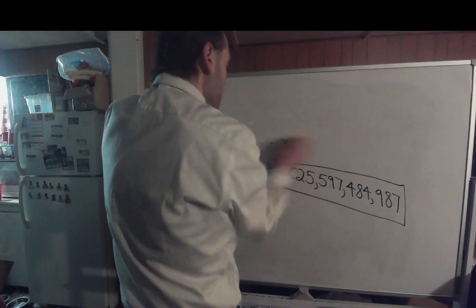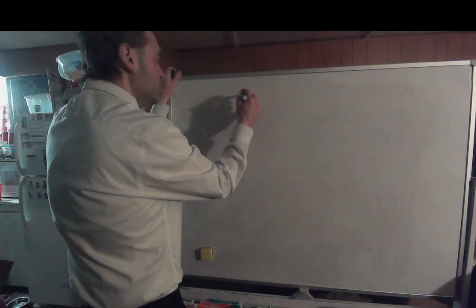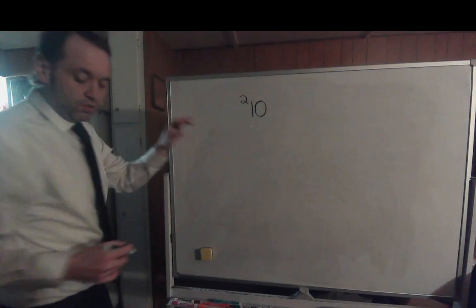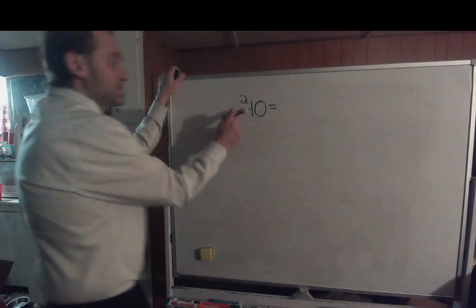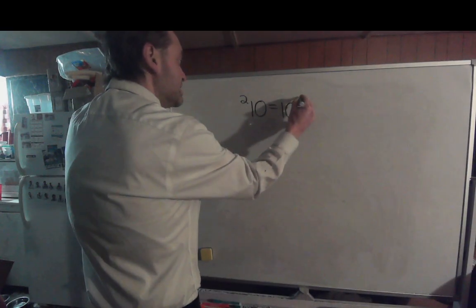Let's do one more. Why don't we just do the second tetration of 10? Well, that's a repeated exponent of itself, so that would be the same as 10 to the 10th power.